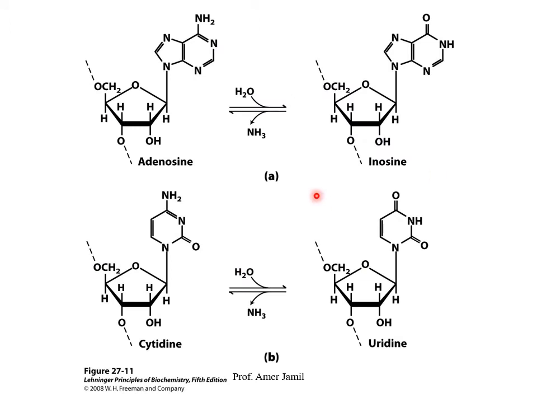Basically there may be some deamination, or, as you can see, addition of water will convert adenosine to inosine, but on the other hand, if deamination of inosine takes place, it becomes adenosine. And similarly, it may oscillate between cytidine and uridine.